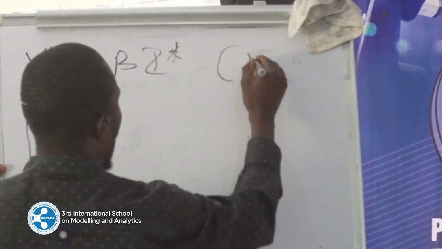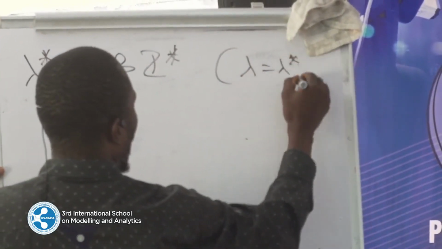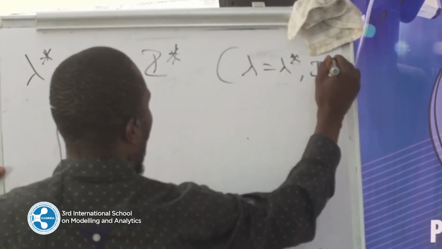Permit me to retain lambda equals lambda star and I equals I star.